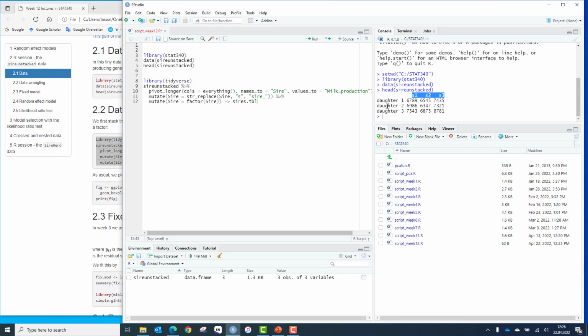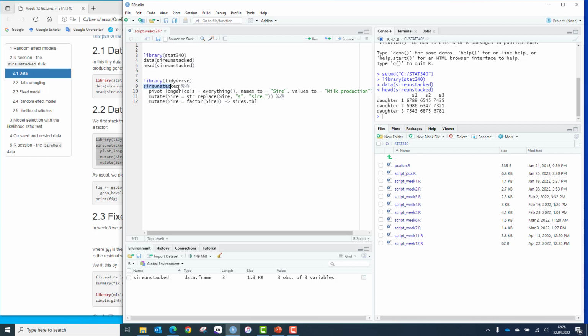And then another column with the milk production. We don't need to know which is daughter 1, 2, or 3, because this has no impact on our analysis now. Even this is not the same cow in this case and in this case and in this case, right? Because daughter number 1 means nothing here. So we actually need only two columns.